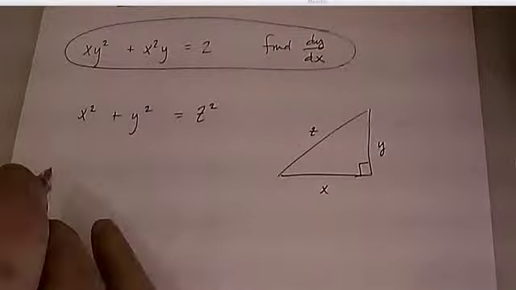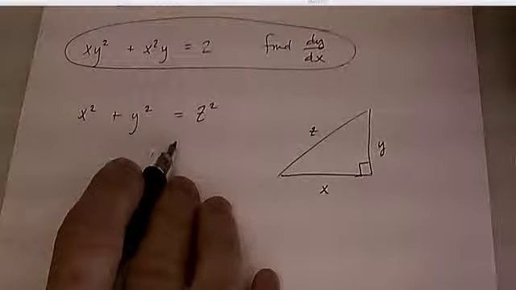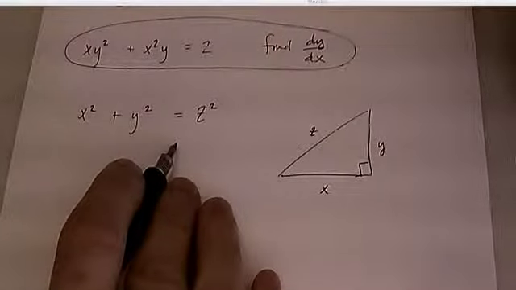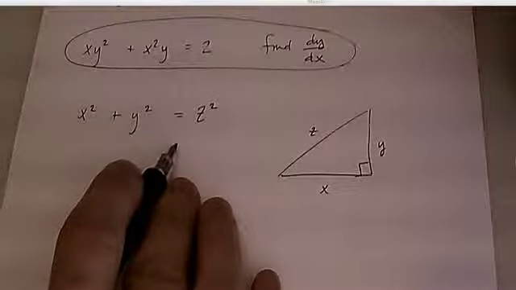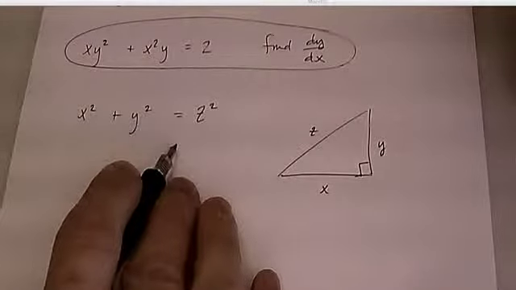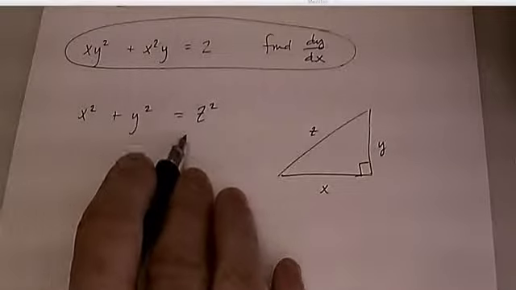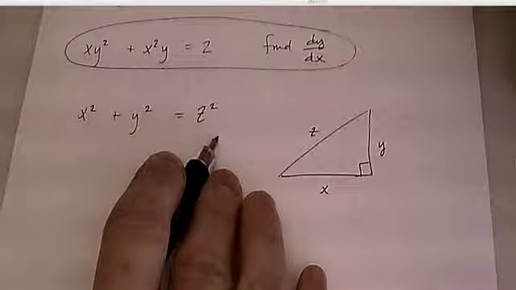And what we need to do is, since all of these relate to how fast something is changing with respect to time, the with respect to time tells us that we're going to be differentiating by the variable t.